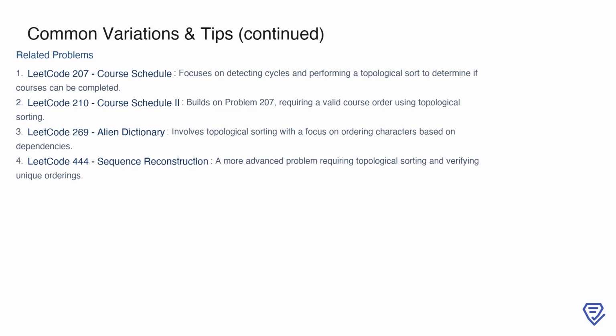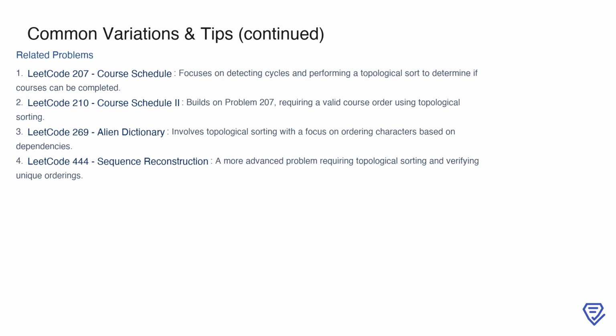For instance, LeetCode 207, Course Schedule, is a foundational problem that focuses on detecting cycles and performing a topological sort to determine whether a set of courses can be completed. LeetCode 210, Course Schedule 2, extends this idea by requiring you to produce a valid order of courses based on their dependencies.